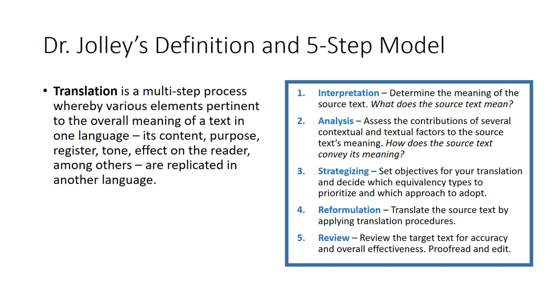That's when we are translating the source text by applying translation procedures. And then a fifth and very important step that should not be left out or overlooked is to review the translation. We review our target text, the product, for accuracy and overall effectiveness. We're proofreading it, we're editing it. So again, this is my definition and my 5-step model of the translation process.